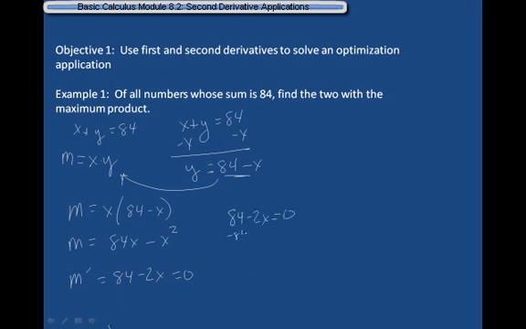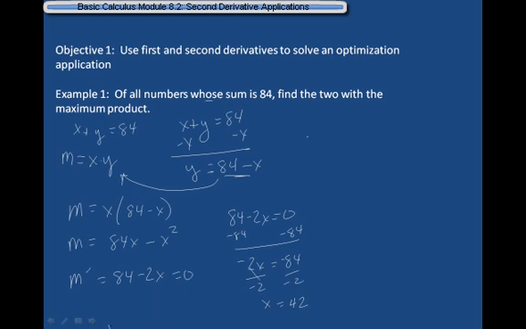Subtract 84 from both sides, and so negative 2x is equal to negative 84. And divide by negative 2 on both sides. x equals 42.